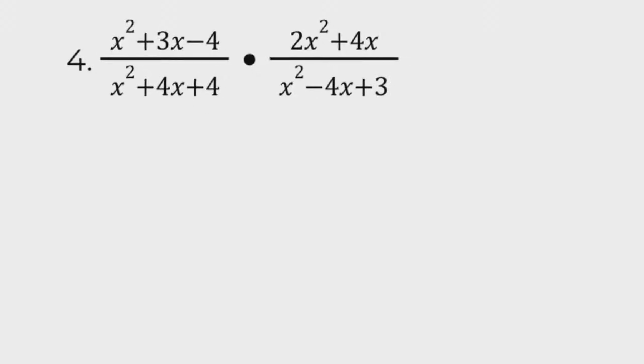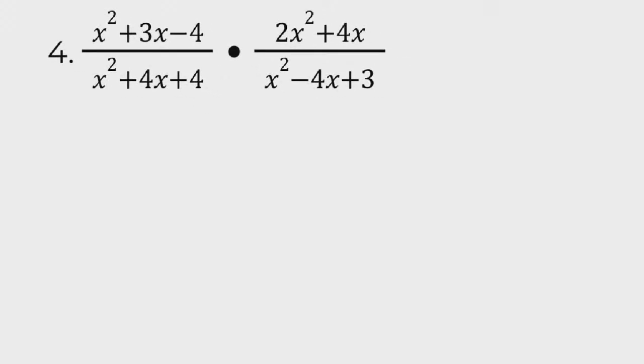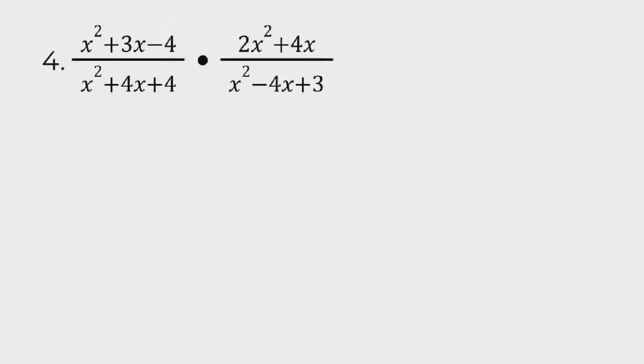Okay, number 4, we have x squared minus 3x minus 4 over x squared plus 4x plus 4 times 2x squared plus 4x over x squared minus 4x plus 3. So there's going to be a lot of factoring because there's a lot of quadratics here. For the numerator in the first fraction, we have negative 4 on the top, 3 on the bottom.